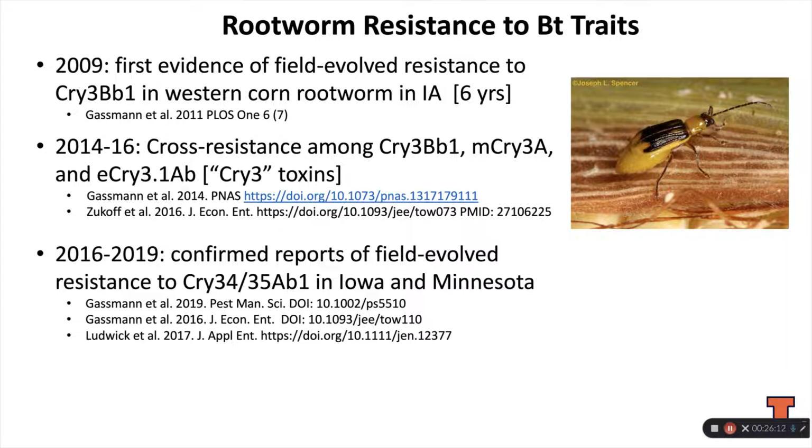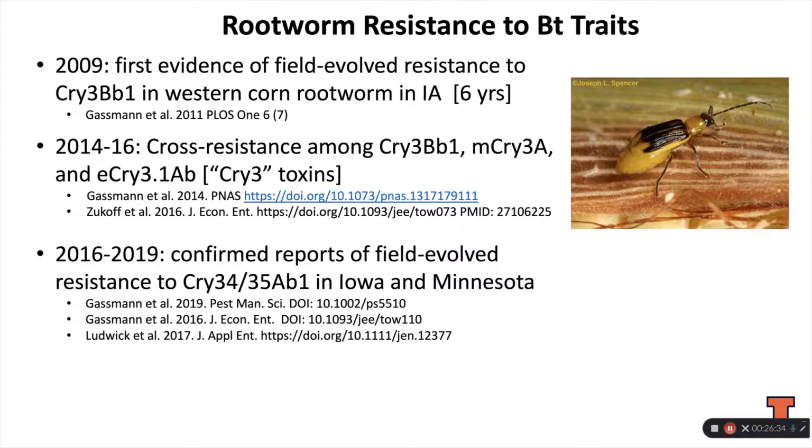In 2014 to 2016, cross-resistance among the Cry3 toxins was first demonstrated. This wasn't unexpected given that these products are structurally similar. So that means that if an insect evolves resistance to one of these toxins, it also has resistance to the other two.